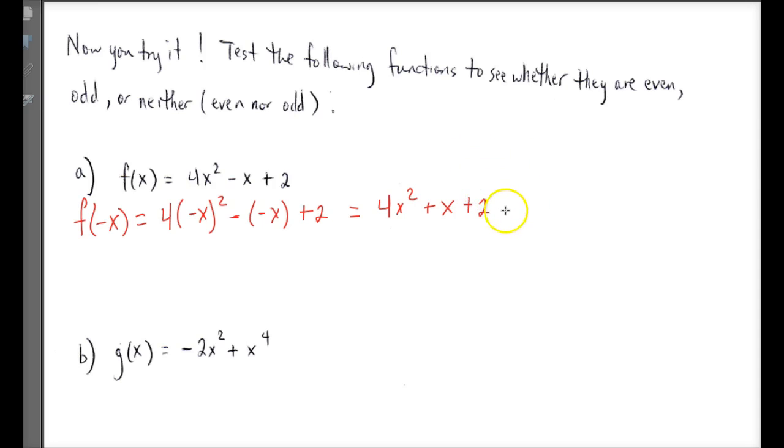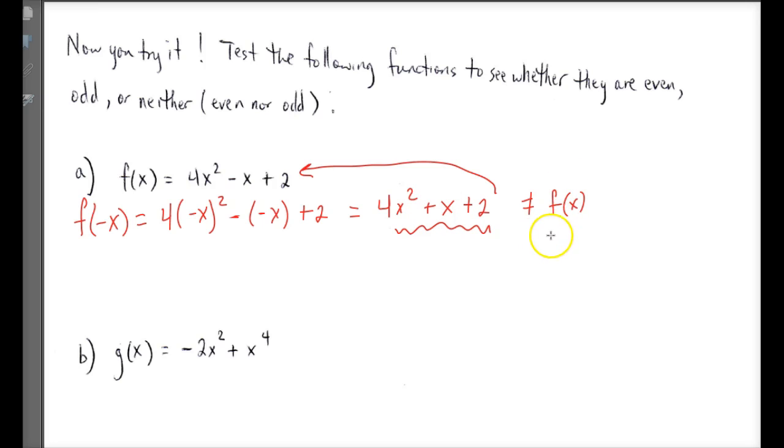Now when we compare what we have here to what we see over there, this particular function is not equal to f of x exactly, mainly because this is a plus instead of a minus.